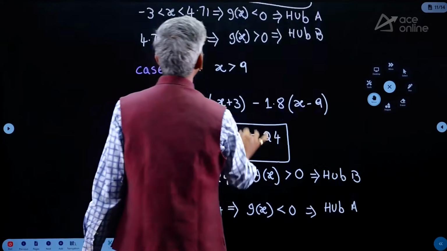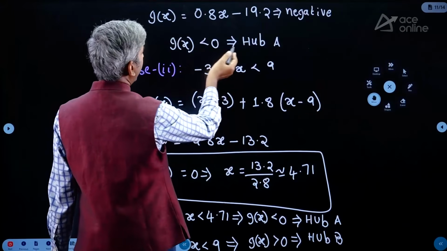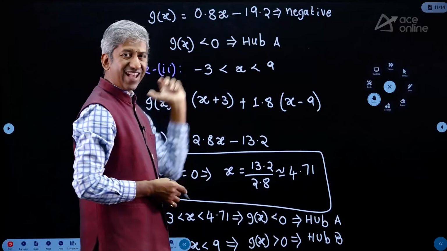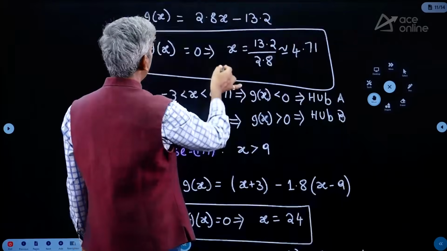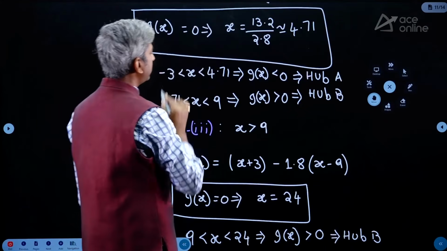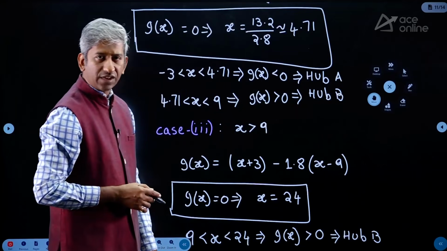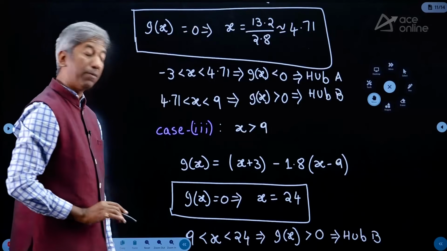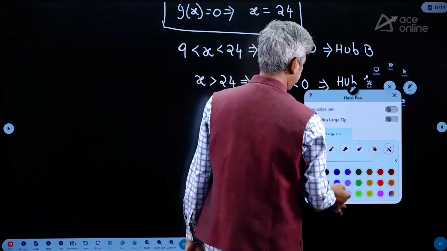Now carefully combine case 1, where all the points less than minus 3 are assigned to hub A. Not only that, in between minus 3 to 4.71 is also assigned to hub A, such that minus infinity to 4.71 is hub A. So the final assignment.